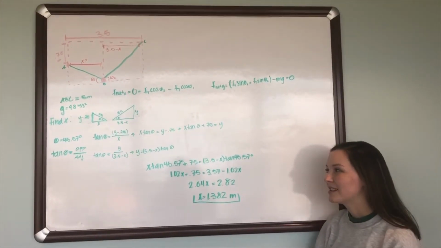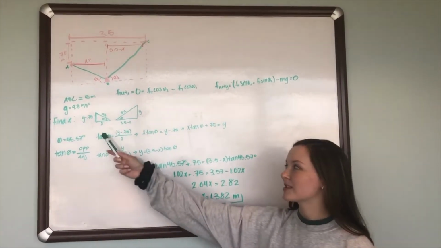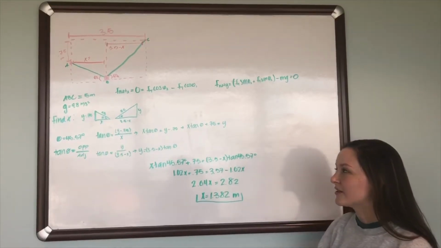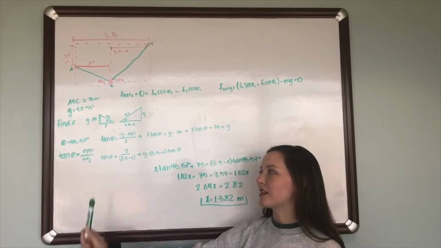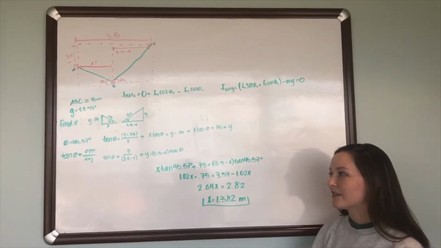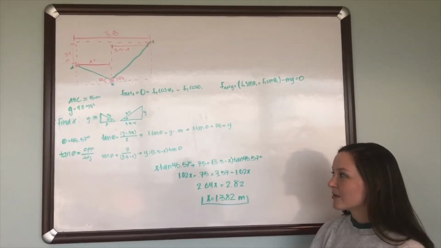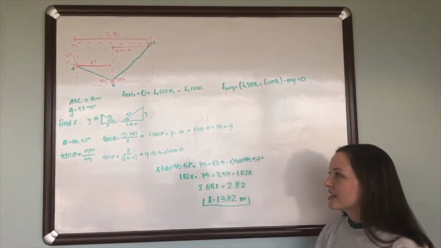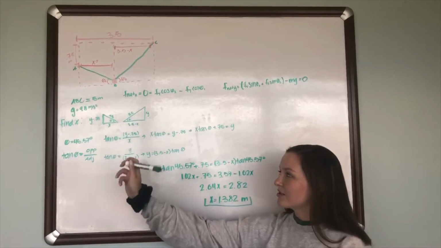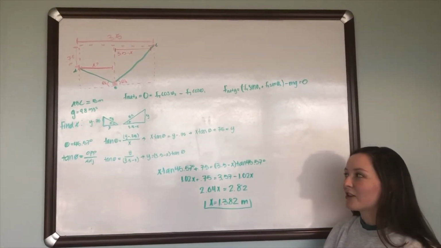Okay, so to find x, we're going to take our two similar triangles and we're going to assign variables to each of their sides. We know that both of the triangles have a similar angle of 45.57 degrees. So we're going to take the tangent, which is opposite over adjacent. The tangent of theta for the smaller triangle is going to be y minus 0.75 over x.